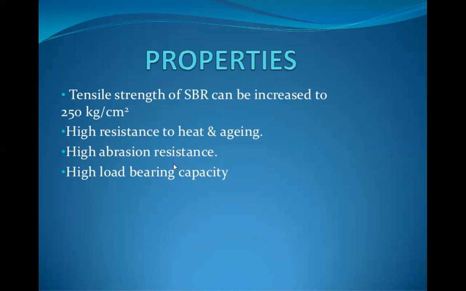It has excellent abrasion resistance. It is a good electrical insulator. It is resistant to chemicals, but it swells in oil and is attacked by even traces of ozone present in the atmosphere. Styrene rubber possesses high load bearing capacity.